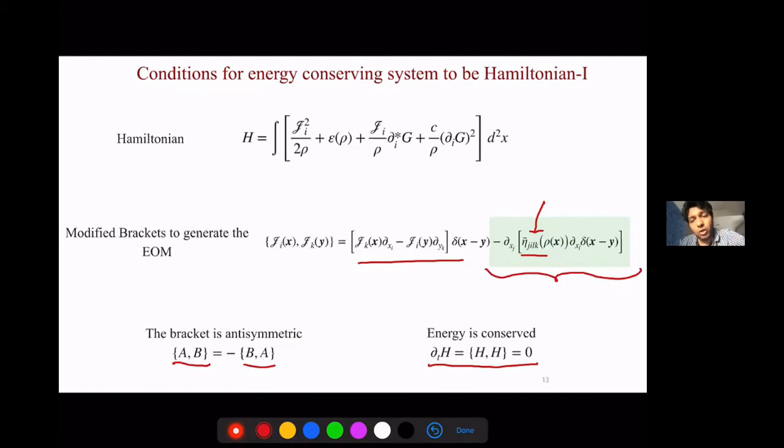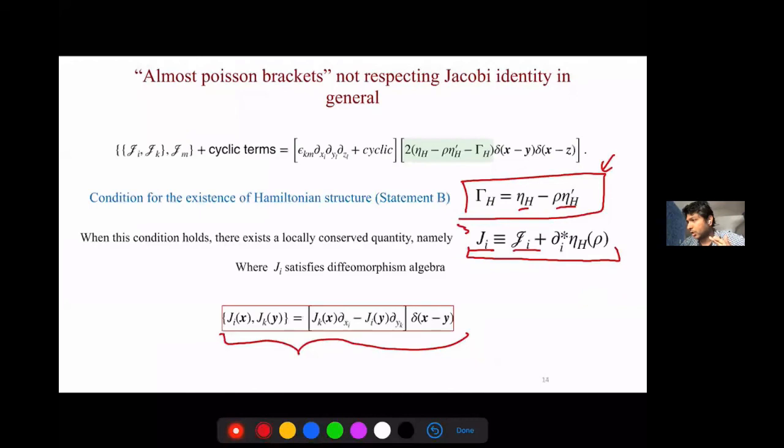They will also get brackets which already satisfy the Jacobi identity, so there won't be any violation of the Hamiltonian structure. In fact, Lubensky followed P.C. Martin's work very recently to apply it to these parity odd systems, and they get algebra both in terms of capital J and script J.